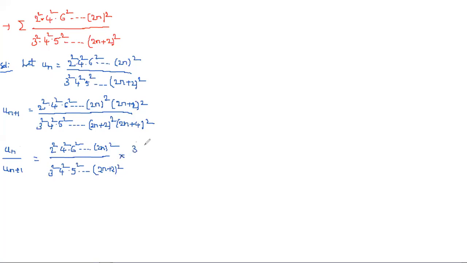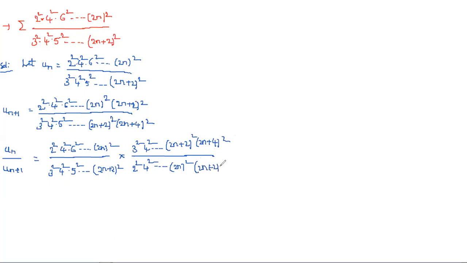So this one comes to numerator: 3 square, 4 square, 5 square, and so on, 2n plus 2 whole square, into 2n plus 4 whole square, by 2 square, 4 square, and 6 square, and so on, 2n whole square into 2n plus 2 whole square.